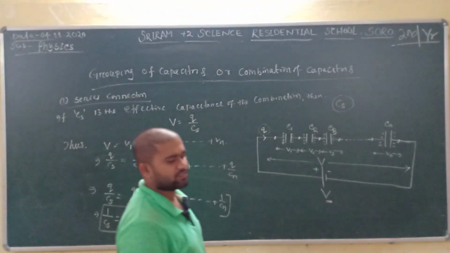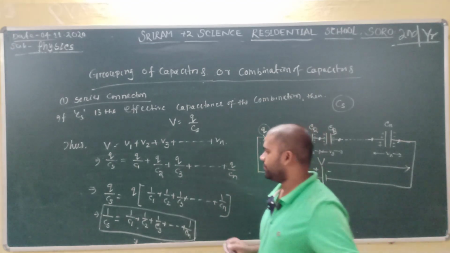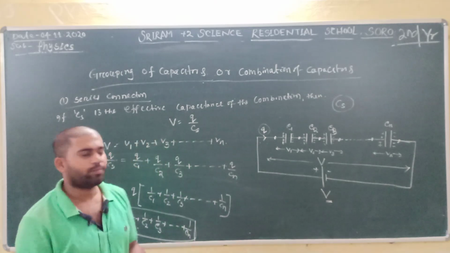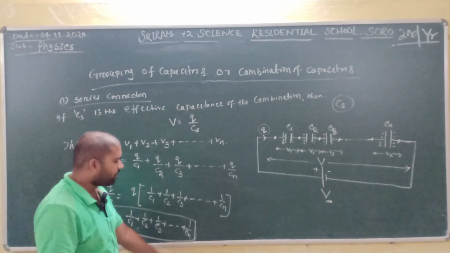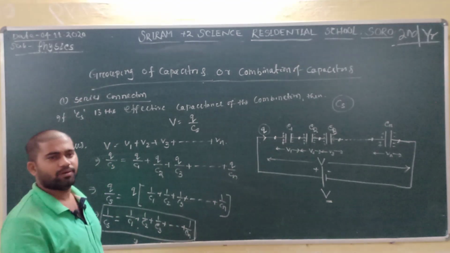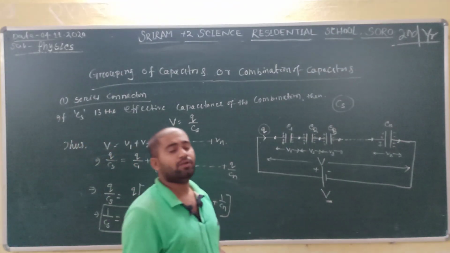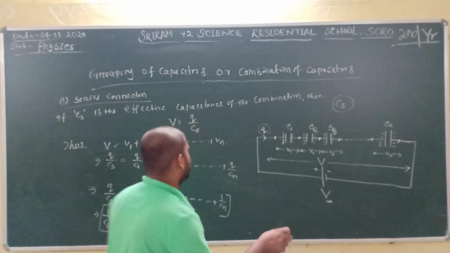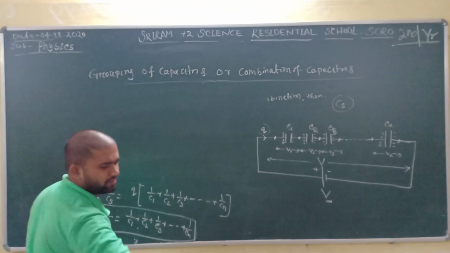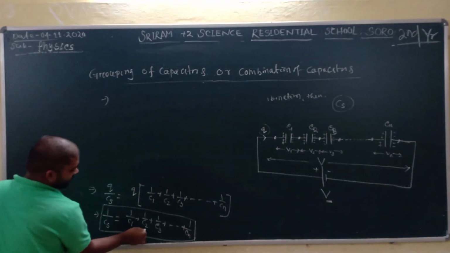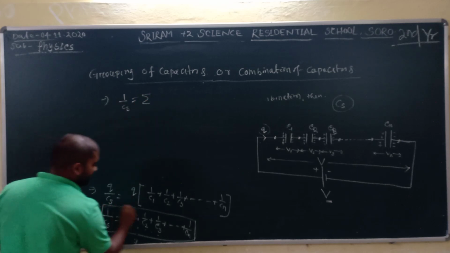So what does the effective capacitance say for a series connection? The reciprocal of the effective capacitance is equal to the algebraic sum of the reciprocals of all the individual capacitors. Write this expression, it is important.